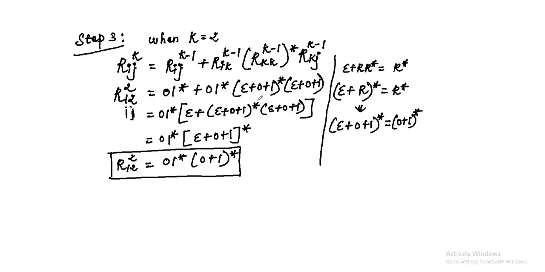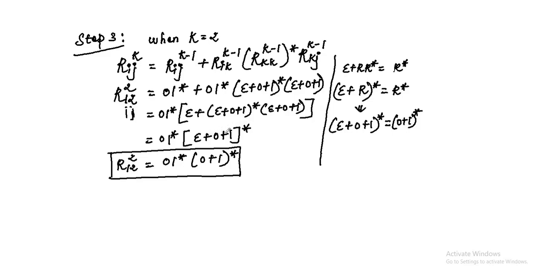In this regular expression, the common term is 0, 1 star. You take it out, 0, 1 star. Then epsilon plus epsilon 0 plus 1 whole star, epsilon plus 0 plus 1. As per the identity rules, epsilon plus r star, you can directly write r star. Here I am writing epsilon plus 0 plus 1 whole star.